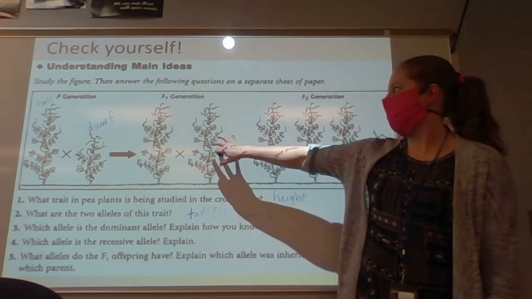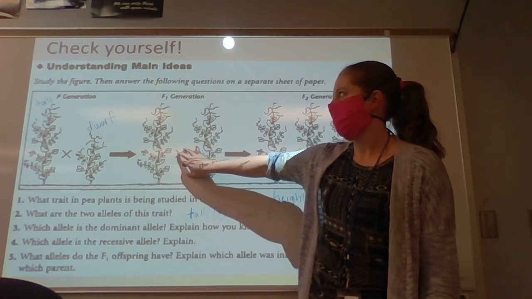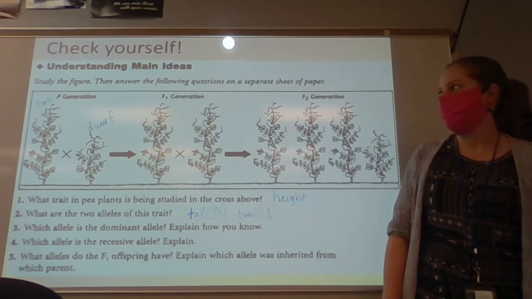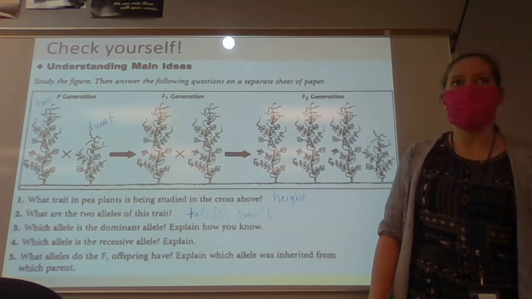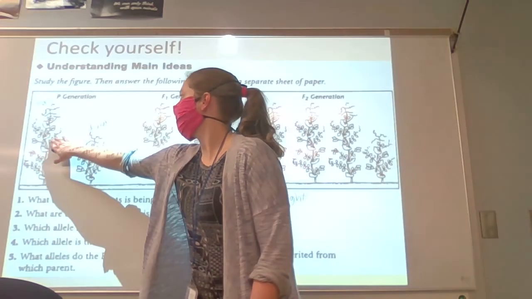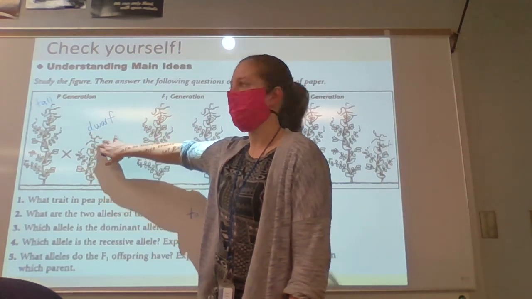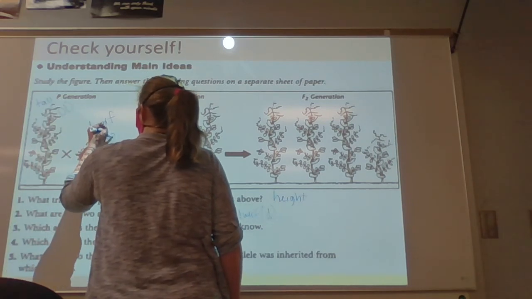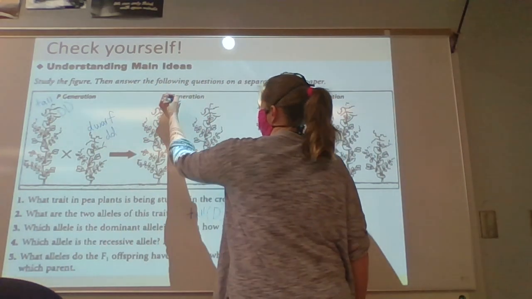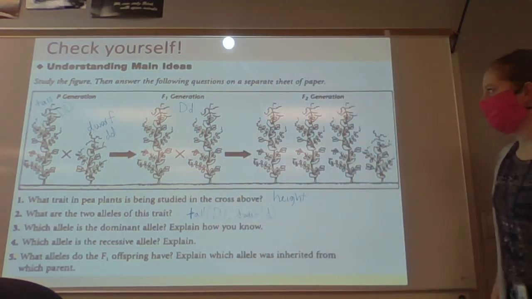The F1 generation are going to have what alleles? Yeah, they're going to be heterozygous, right? They're going to get the tall allele from this parent, and they're going to get the dwarf or short allele from this parent, okay? So homozygous dominant, homozygous recessive, these individuals are all going to be heterozygous, okay?